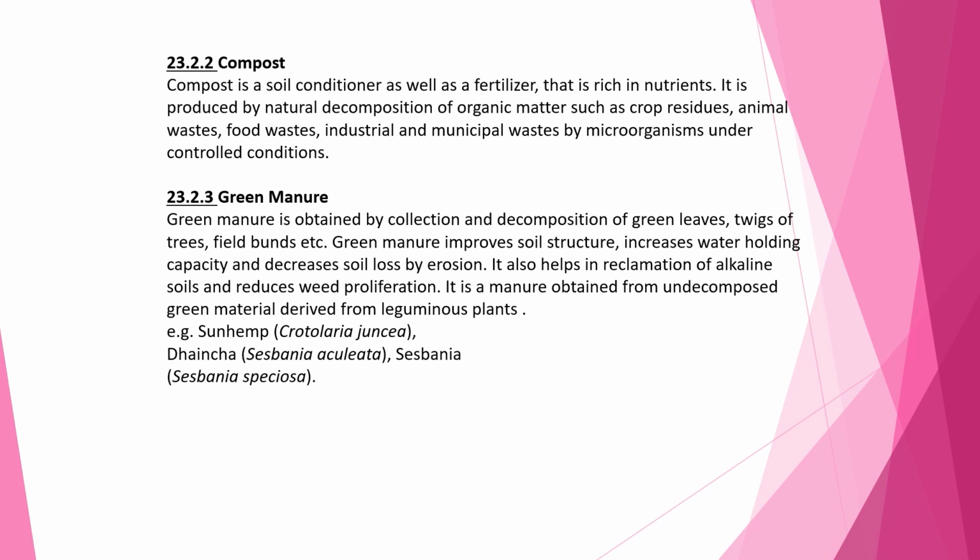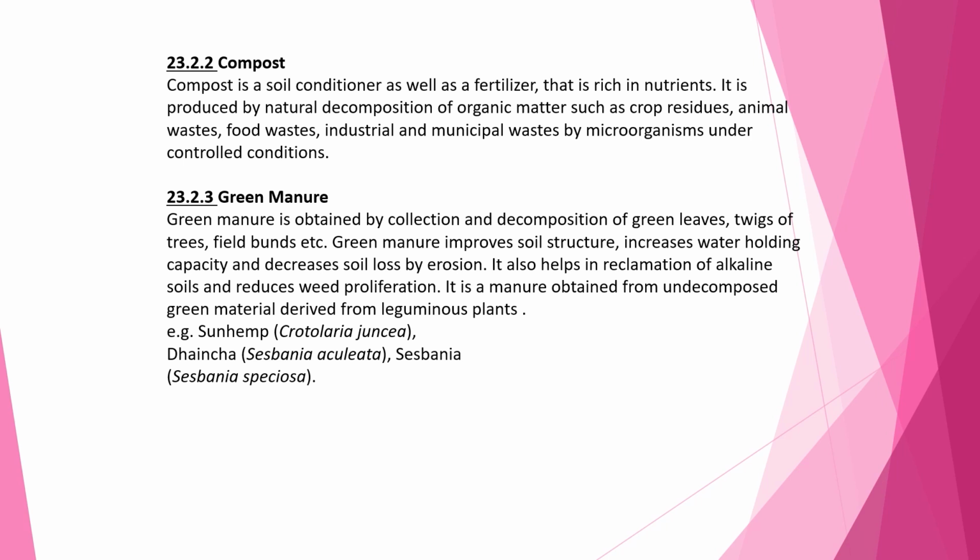That is why we always say near the bund, river bund, and roadside we need to plant trees, right? So this green manure improves soil structure, increases water holding capacity, and decreases soil loss by erosion.